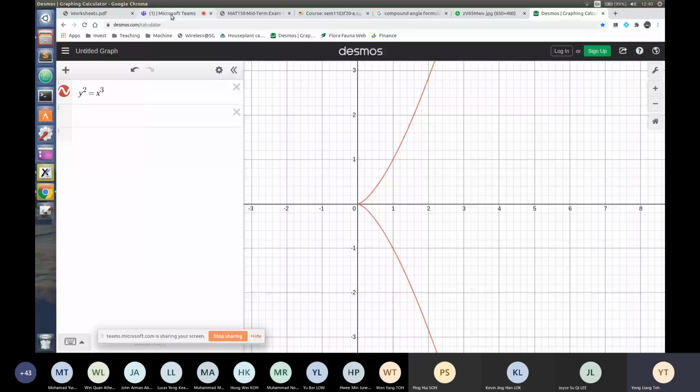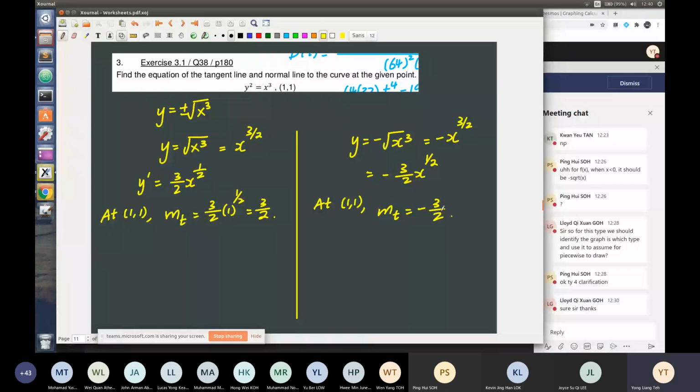Which means, although we got this minus 3 over 2, this minus 3 over 2 is actually not satisfying (1, 1). We can inspect, because from this point, y at 1 is actually equivalent to minus square root of 1 cubed. So square root of 1 cubed is actually square root of 1, so it's actually minus 1. So therefore, this graph does not satisfy the point (1, 1). So therefore, this is actually not applicable. So let me just write.